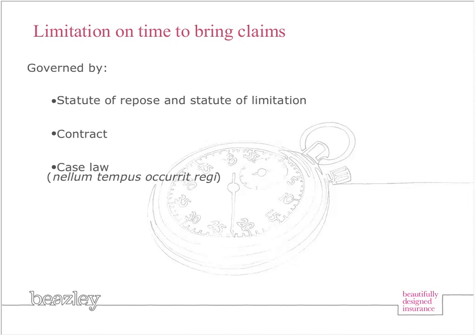Statutes of limitation are also state statutes that specify the time limit to bring claims. Negligence statutes of limitations usually run 2 to 4 years, so they're shorter, but the time when the clock starts to tick is not the same setup as it is for statutes of repose.